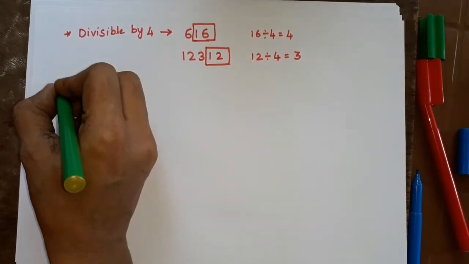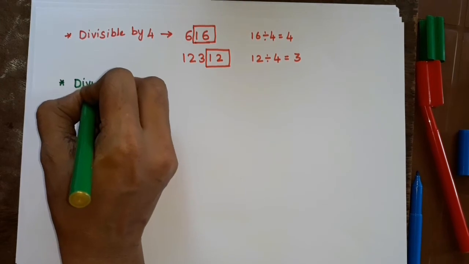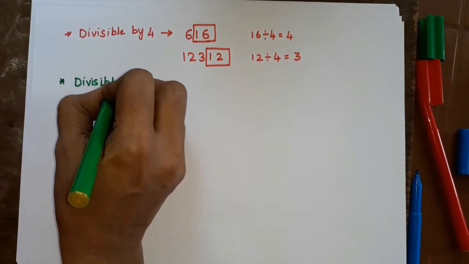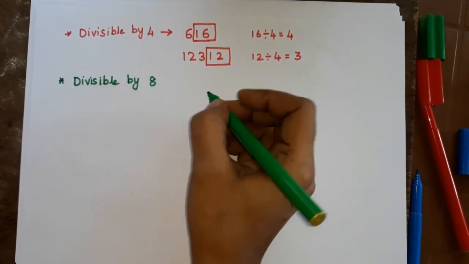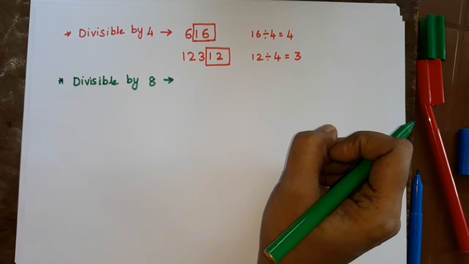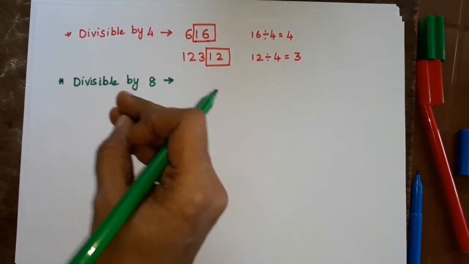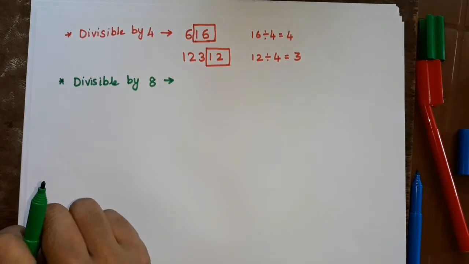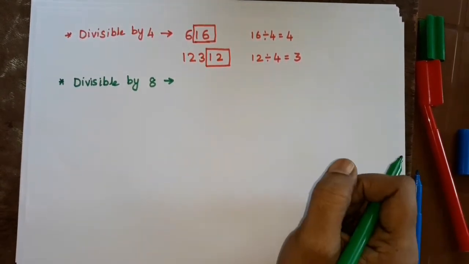Okay, now let's take the next number, that is divisible by 8. Now we have to check whether the given bigger number is divisible by 8. How we will check? It is similar to divisibility test of 4. We will take the last 3 digits.